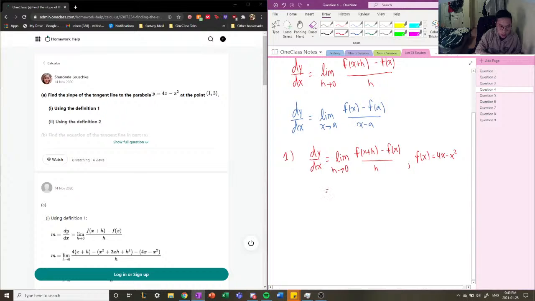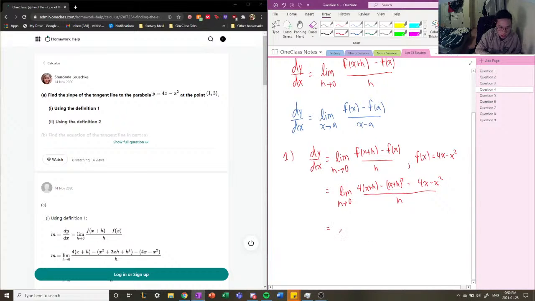So this limit is going to be: we calculate f of x plus h, so that's 4 times (x plus h) minus (x plus h) squared, minus f of x, which is 4x minus x squared, divided by h.